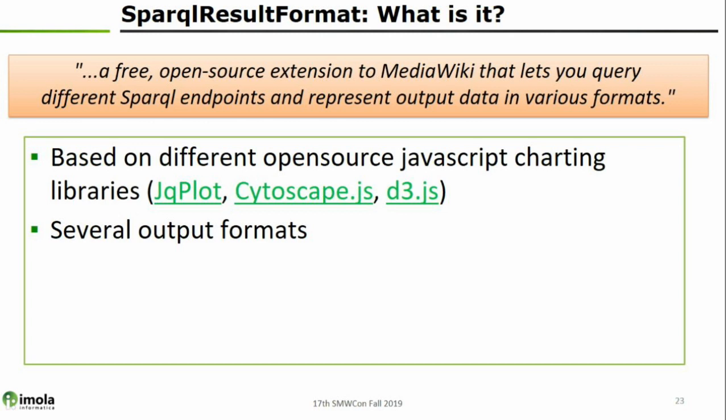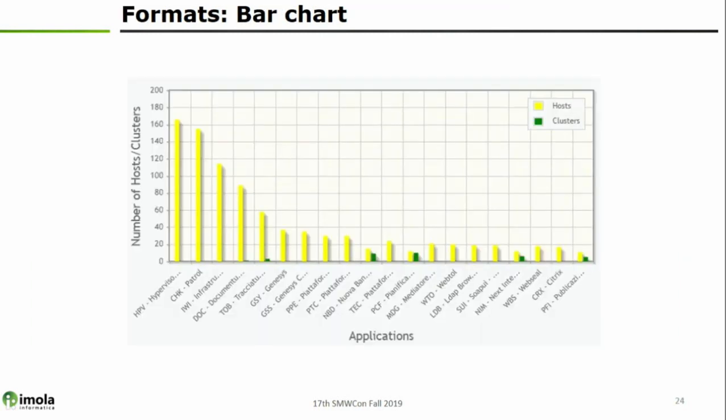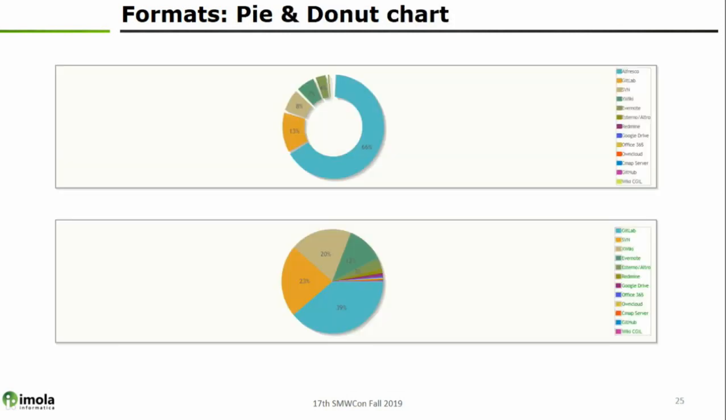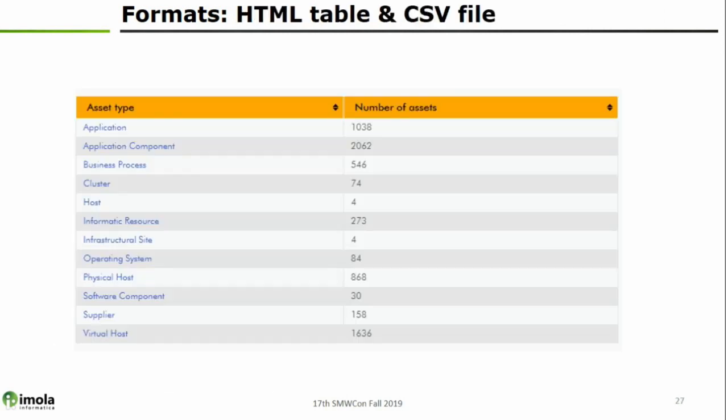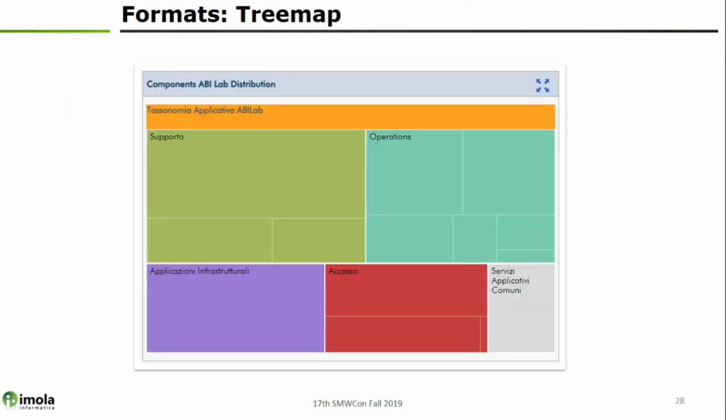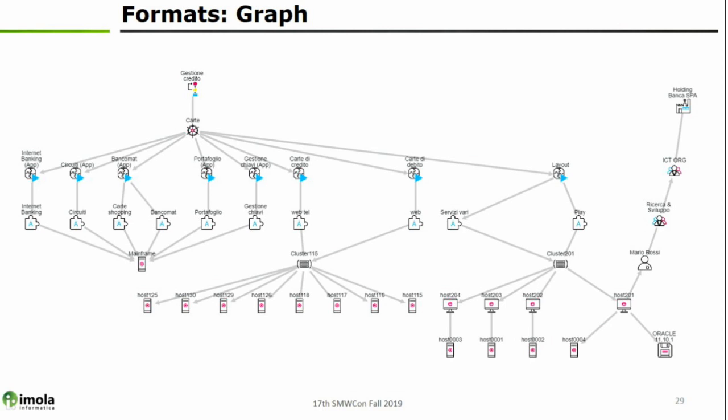And it can produce several output formats, like bar chart, pie and donuts, bubble, HTML and CSV file, tree map, and graphs. And that's the main reason why we developed this extension. We will see a live example in the demo later on.